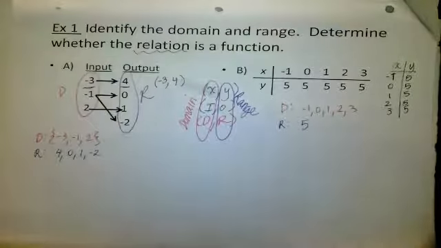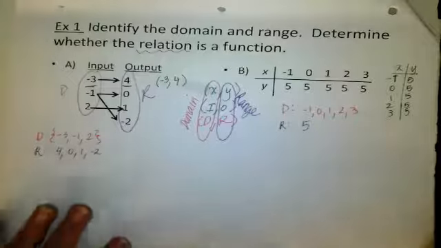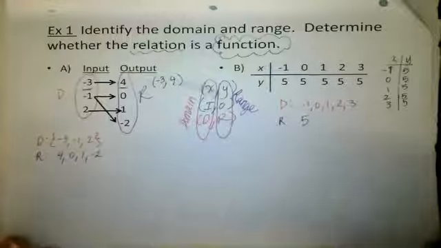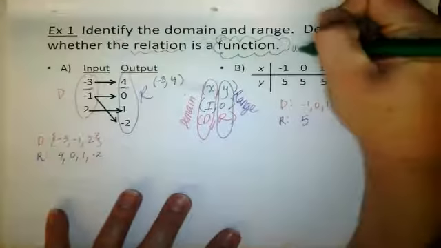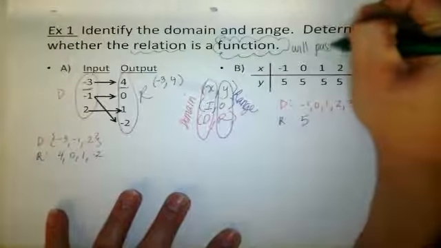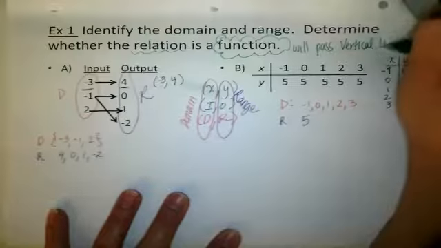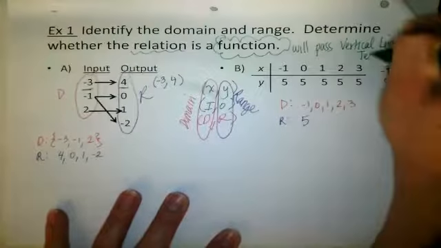So now we want to determine whether the relation is a function. And function is a key word that we're going to talk about all year long. A function will pass the vertical line test. You should write that down.